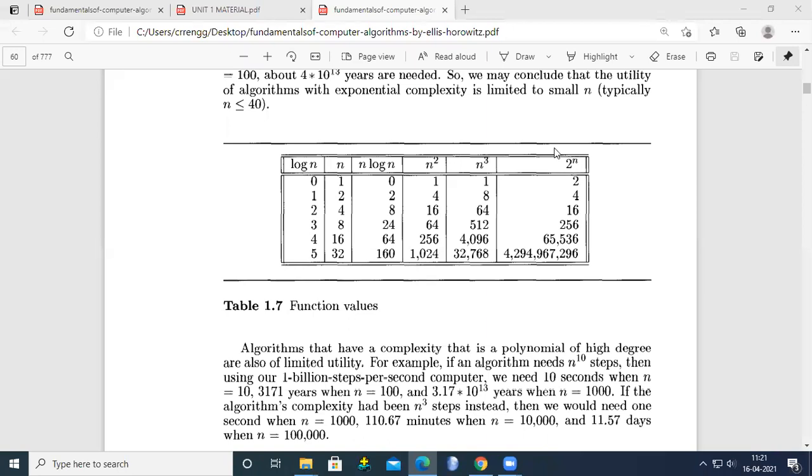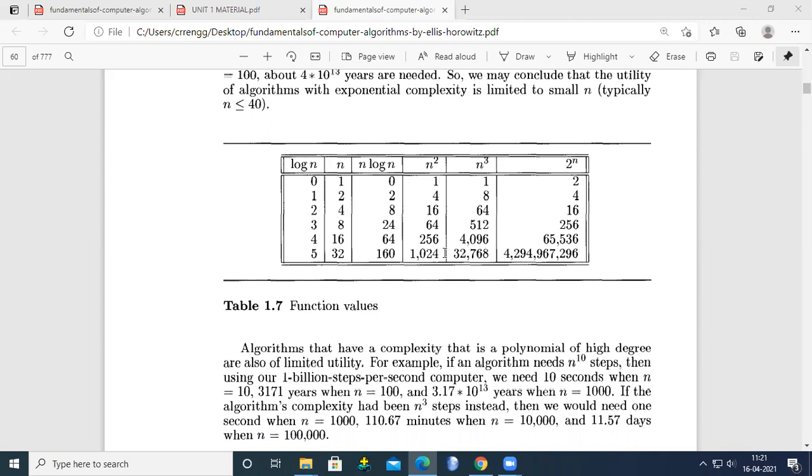Now check the 2 power n value. 2 power n value is very high. So when you compare the various time complexities, at 2 power n, that is the exponential time, it is increasing. With a small change in n value, 2 power n is growing at a fast rate.